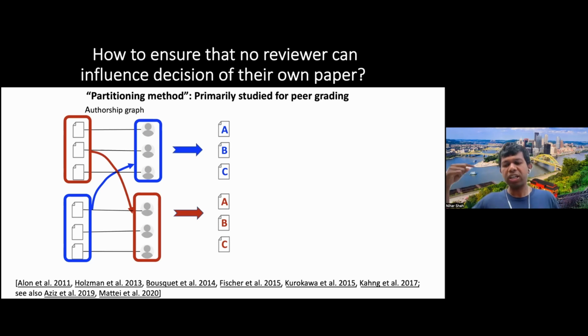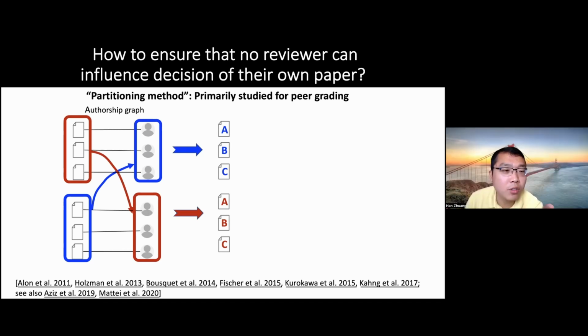And since the blue and red decisions are all independent of each other, my reviews affect only the blue group and not the red group. My paper is in the red group. So if you just show them this slide, they know that I am going to review the group of my color, but my paper is going to be in the group of a different color. And so my evaluations won't affect my paper.